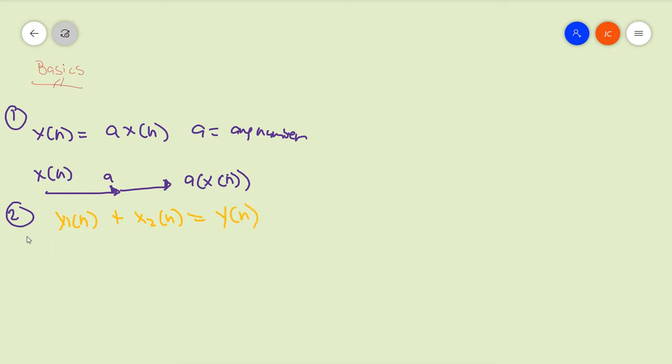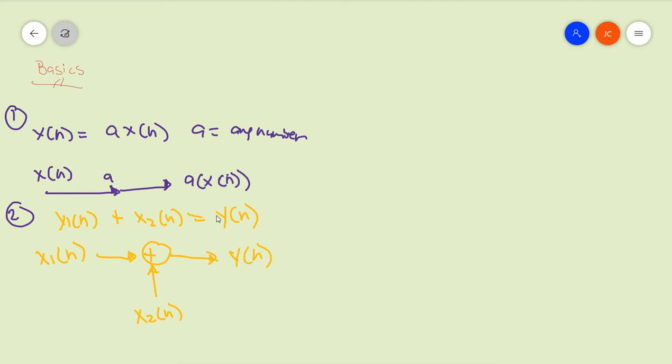How will you represent this? It would be x1 of n and x2 of n going into an addition block, to y of n. All right, so that's the second one.